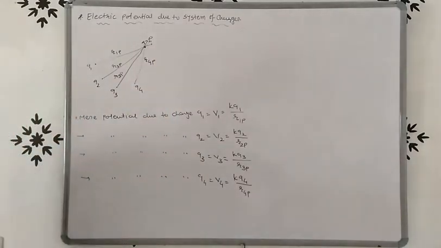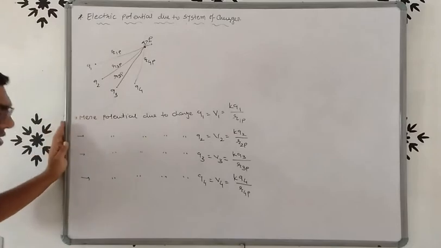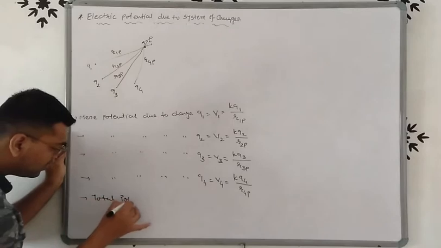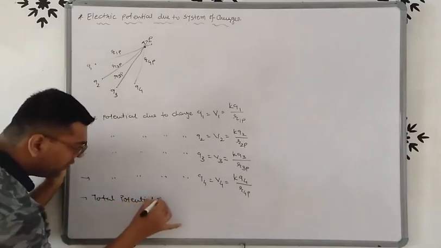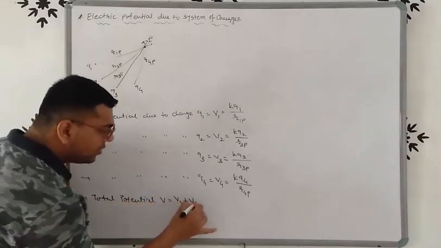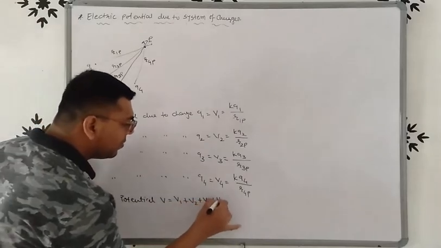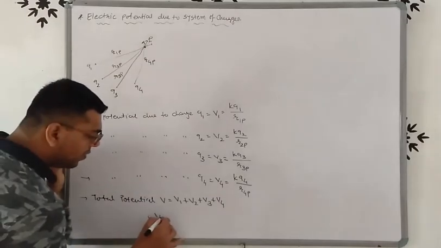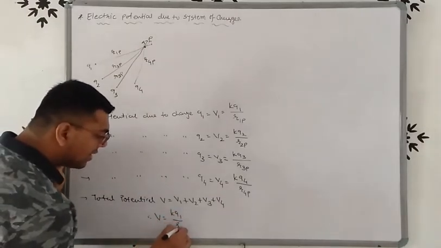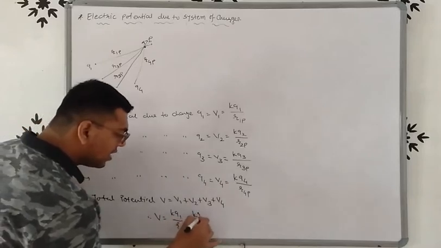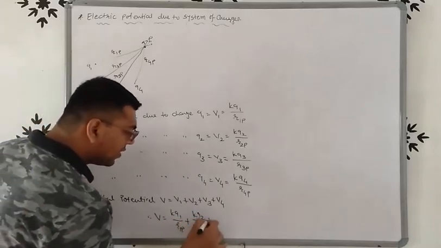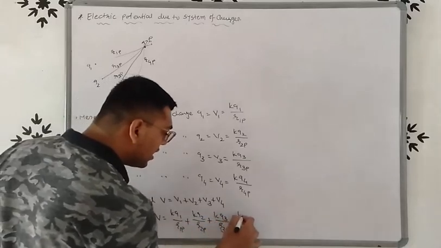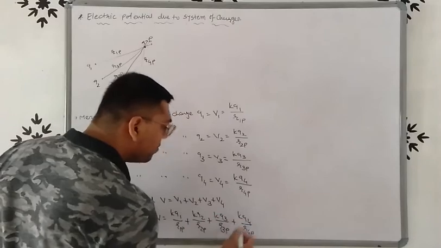Now friends, the potential is due to these four charges, so the total potential V is equal to how much? We have to add the potentials V1 plus V2 plus V3 plus V4. We know V1 is KQ1 upon R1P, plus V2 KQ2 upon R2P, plus V3 KQ3 upon R3P, plus V4 KQ4 upon R4P.